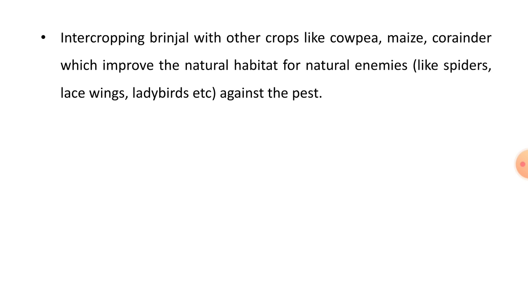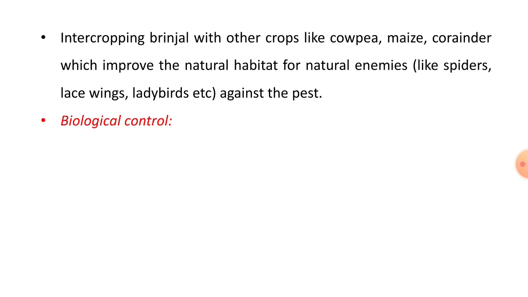Means by this method, one can intercrop different crops like maize, coriander, so as to improve the natural habitat for enemies like spiders and lacewings of brinjal fruit borer.